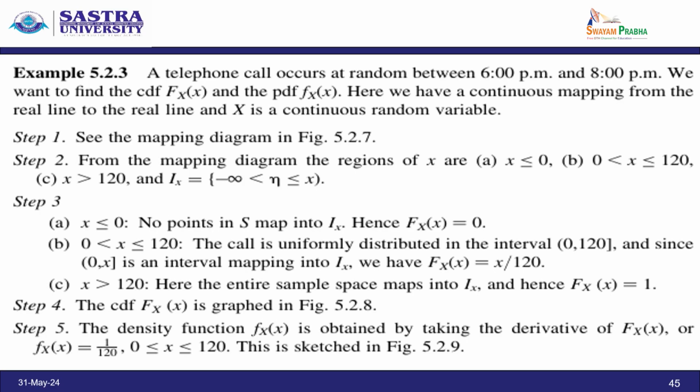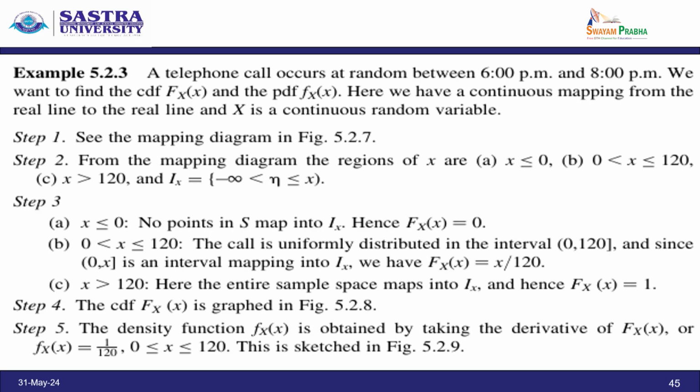Whereas if x lies between 0 and 120, for the uniformly distributed interval, F_X of x is x by 120. You take an x value in the range from 0 to 120, substitute it, and you can get it. Suppose x is greater than 120, the maximum is 1 only, therefore F_X of x is 1. Therefore, the cumulative distribution function is graphed correspondingly. Generally, the function can be defined for the PDF, that is, the probability density function.